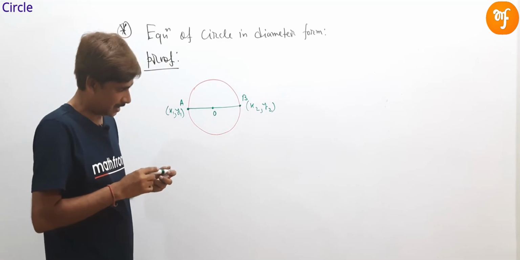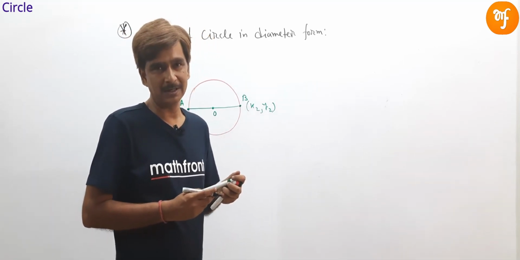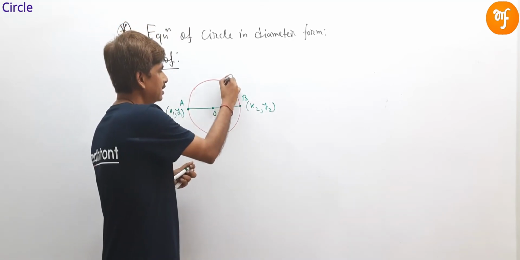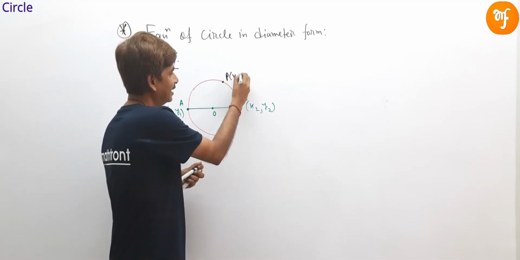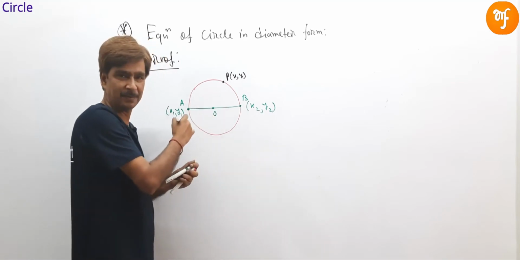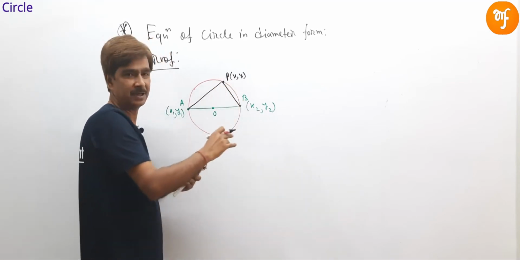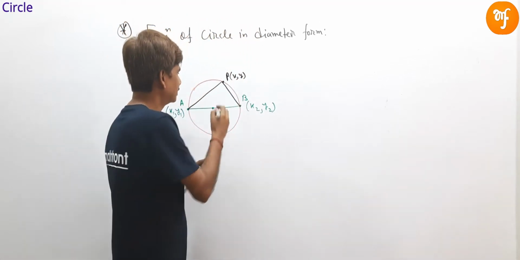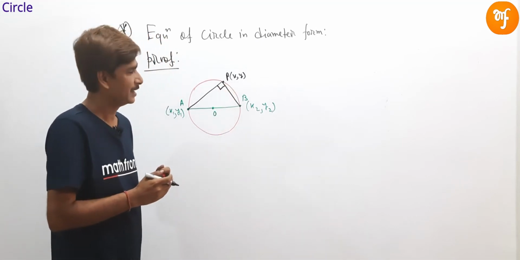Now we have an alternative definition of the circle: if we declare a variable point P on this circle, then the angle APB with AB will always be 90 degrees, is it not? So this angle is always 90 degrees.